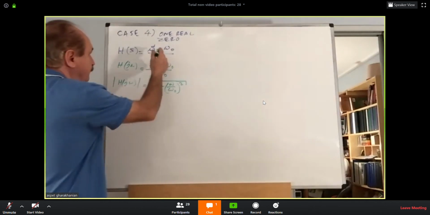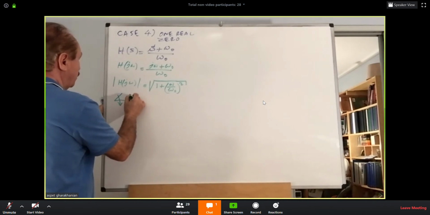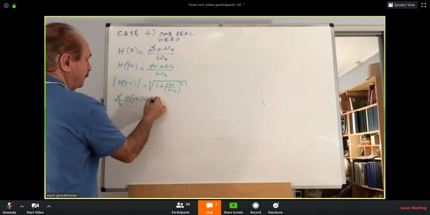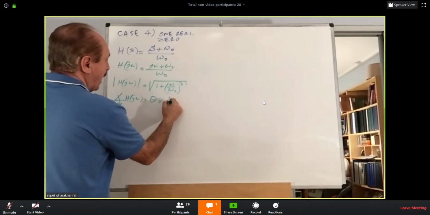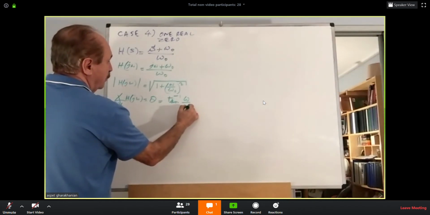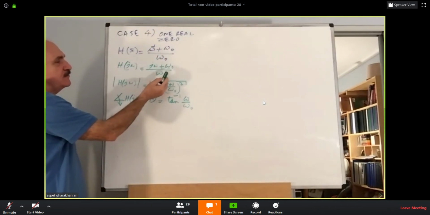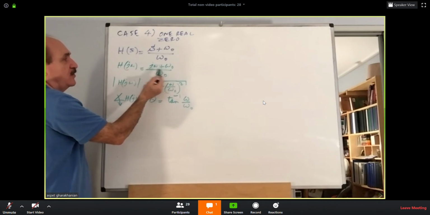The angle of H of j omega, which we call theta, will be tan to the minus 1 of omega over omega O. So simply substitute j omega here. That's the real part, that's the imaginary part.